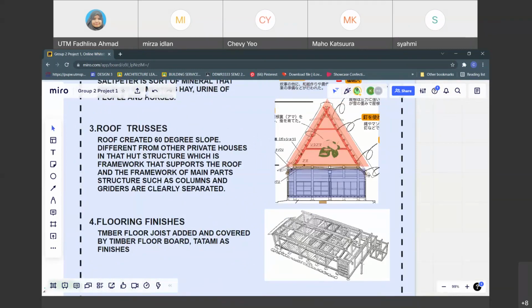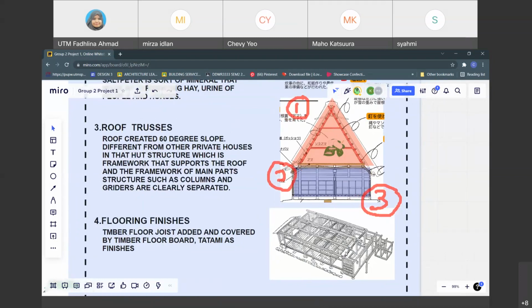For instance, you talk about the roof first, then the opening, and the last one the flooring. It's better that way, so we can know the flow of the structure and construction. If not, suddenly you talk about this one, then go here, and then back to the floor. It's confusing, so please rearrange this.